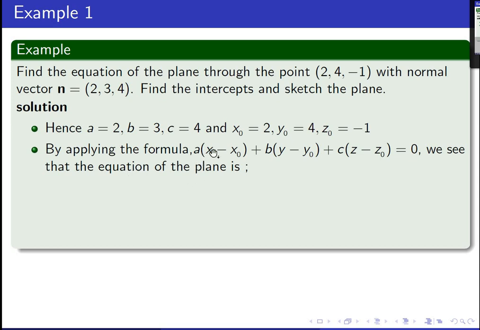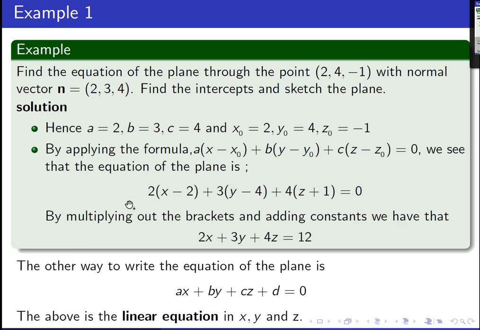When we apply our formula, a(x minus x naught) plus b(y minus y naught) plus c(z minus z naught) is equal to 0, we can easily find the equation of the plane by direct substitution. So a is 2, and x is just an arbitrary point, we don't know what it is.